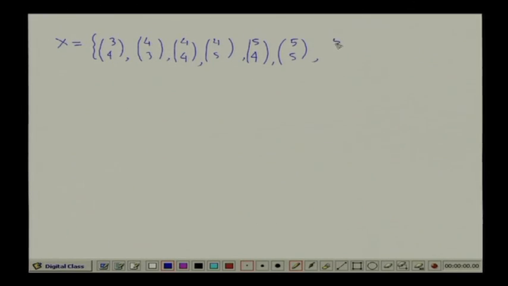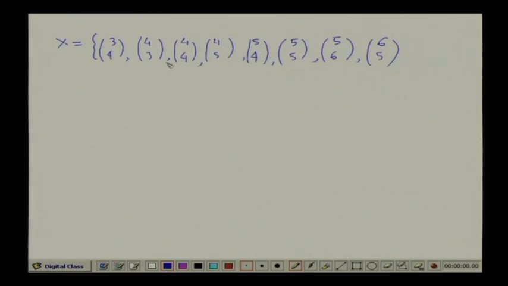The population of vectors x is given by 3 4, 4 3, 4 4, 4 5, 5 4, 5 5, 5 6 and 6 5.